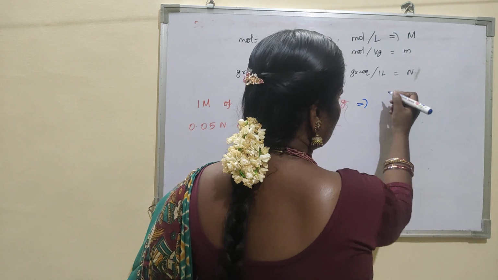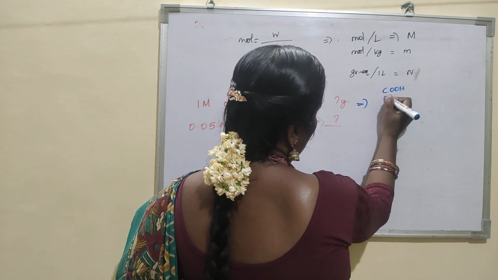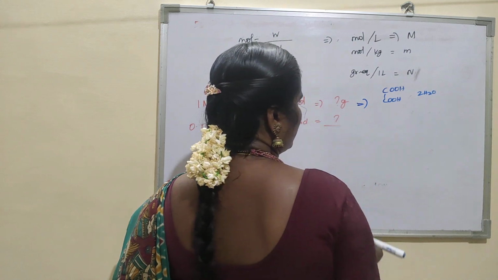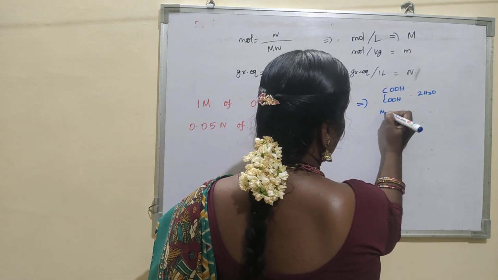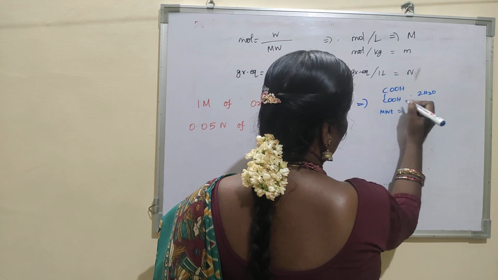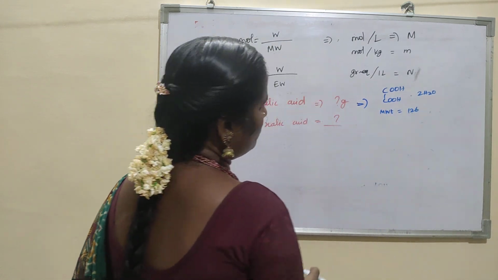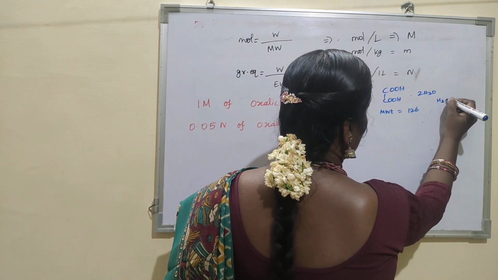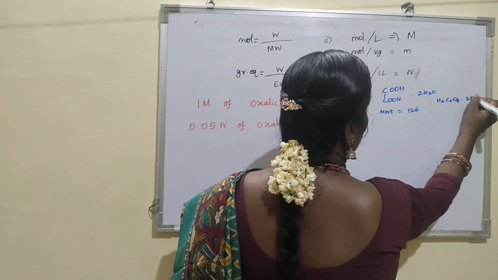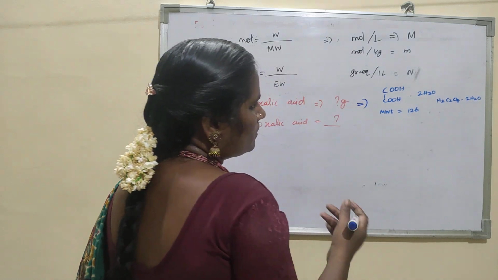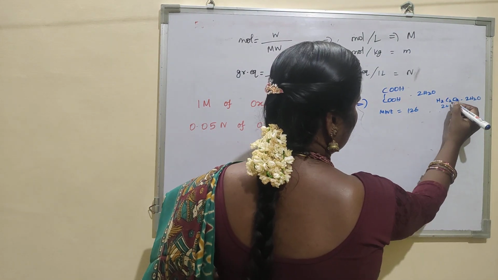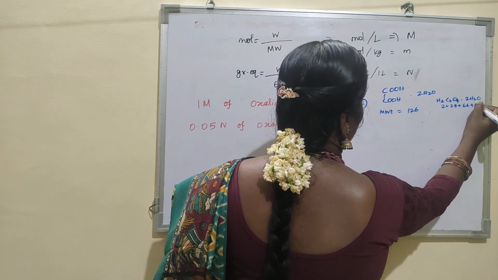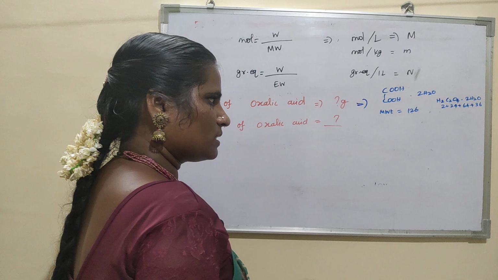So oxalic acid is COOH, it has 2 water molecules. When you calculate the overall molecular weight, it will become 126. You can try it yourself. The total molecular formula is H2C2O4 dot 2H2O. So 2 plus 24 plus 64 plus 36, since 1 water molecule is 18, so 2 water molecules.